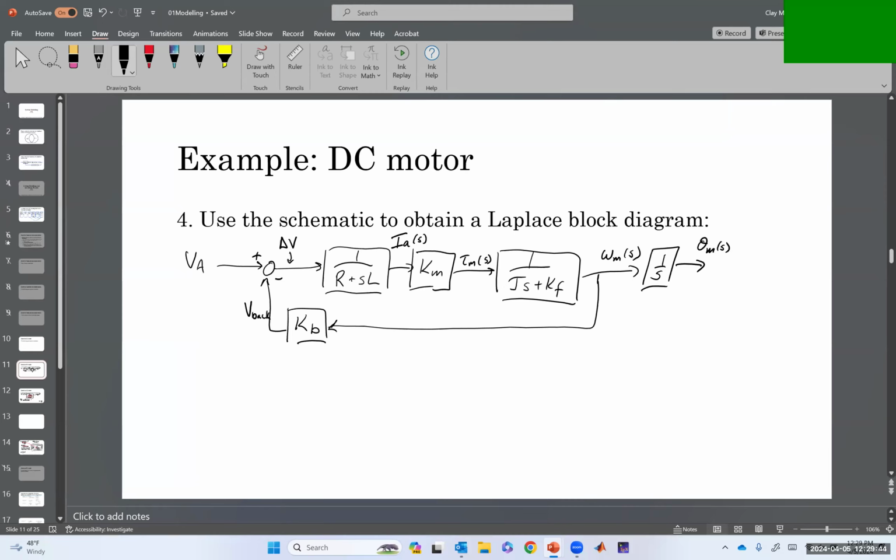Well, they don't have any zeros, but where are the poles of the subsystems? Can anyone identify them? One is at 0, pole at 0. Good. Negative R over L. Excellent. Any others?